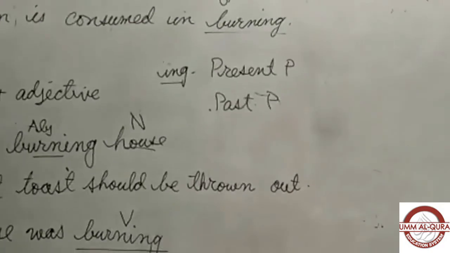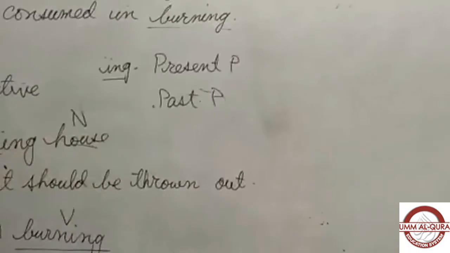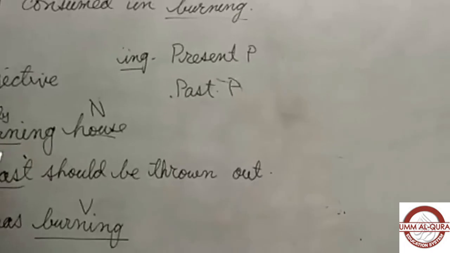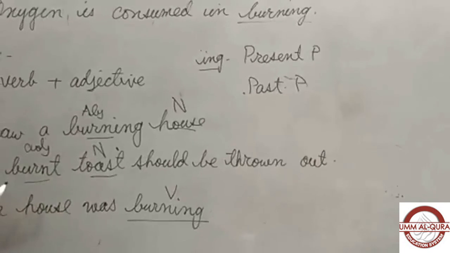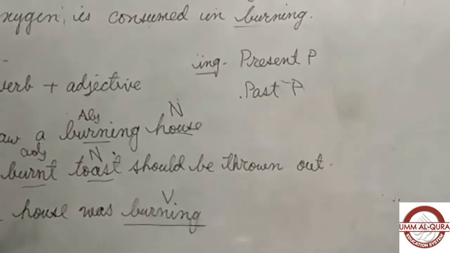Here you can see in this example, the burnt toast should be thrown out. Toast is a noun over here, and burnt, although it is the fourth form of the verb, is being used as an adjective. So we will say it is also a participle.